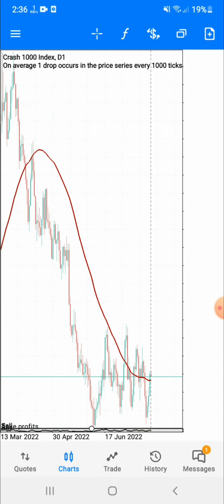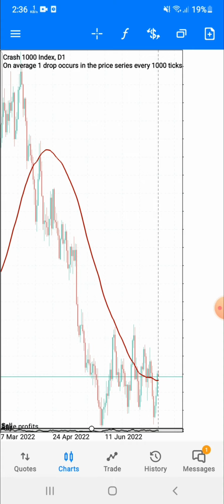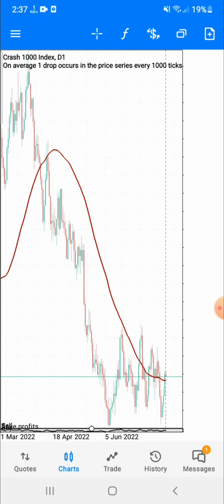I mean, we could see a much clearer picture on the PC, but I know more people will be using their phones to do analysis, to use my strategies, or to do price action. But if you have a PC, you can go ahead and do this on PC as well. For now, I'm just going to do this analysis on phone so everyone can easily follow along about trading trends correctly.